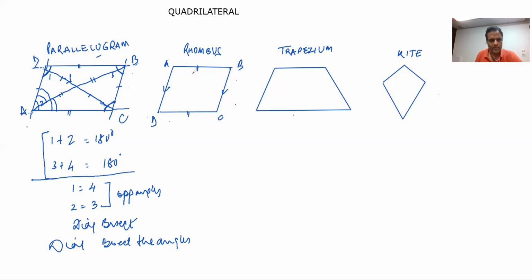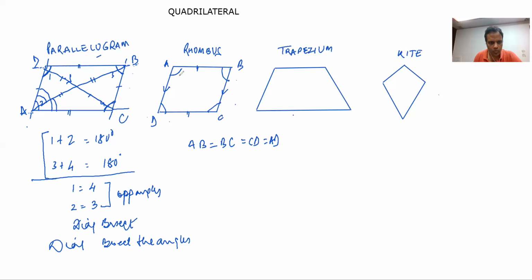Second property is that all sides are equal, which means AB is equal to BC, BC is equal to CD, and CD is equal to AD. Third, again, very similar to parallelogram, the internal angles, the sum will be 180 degrees.